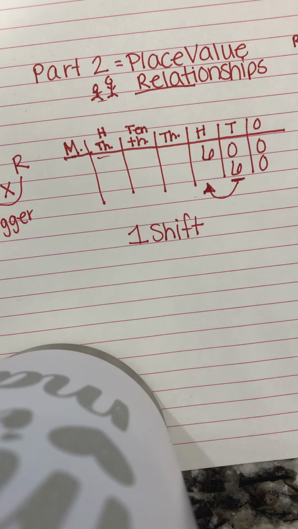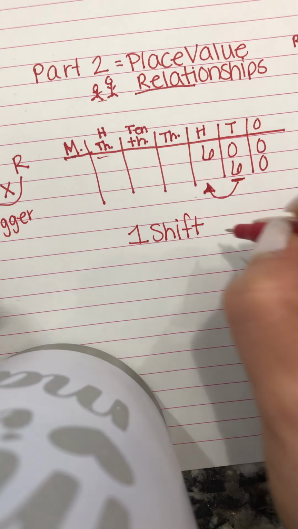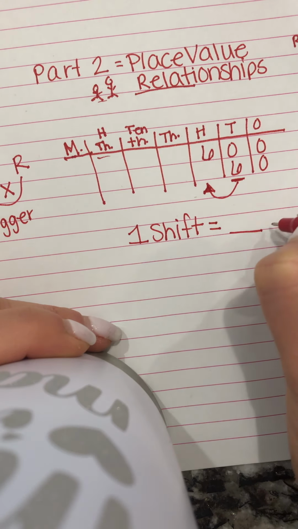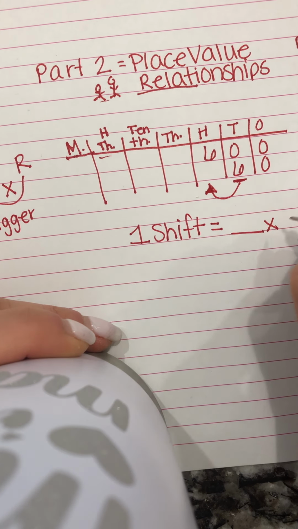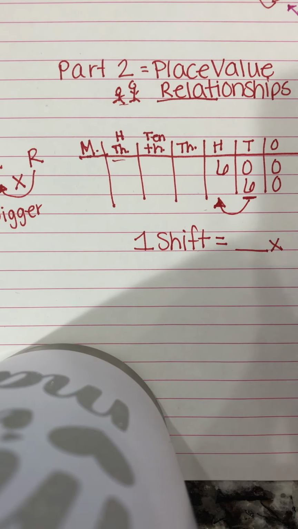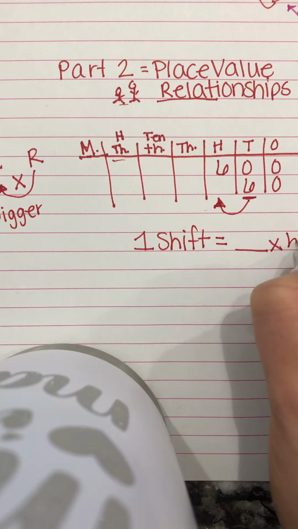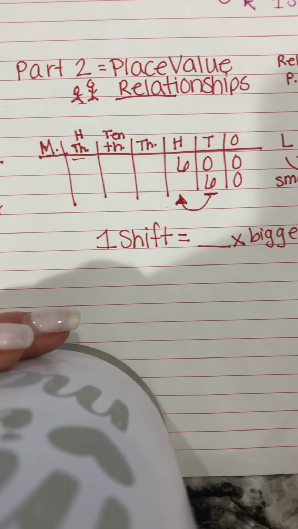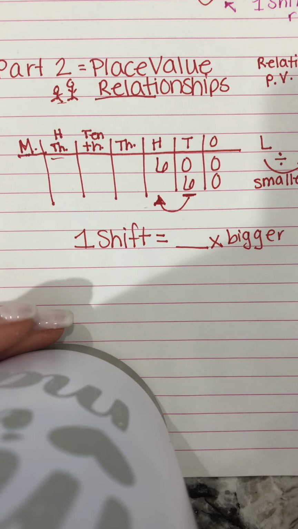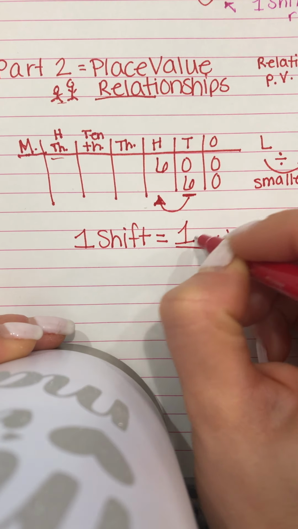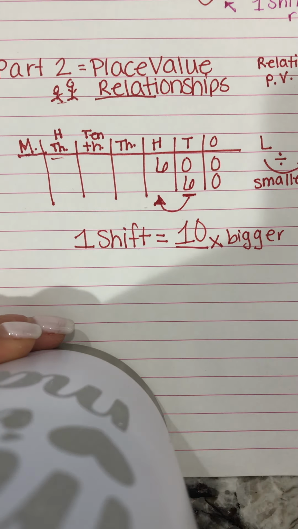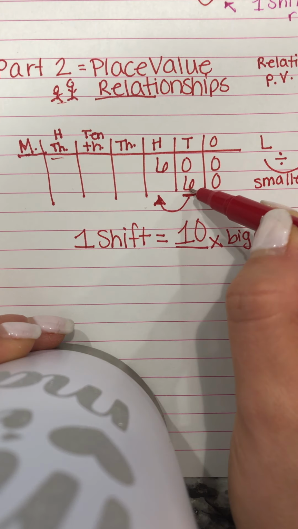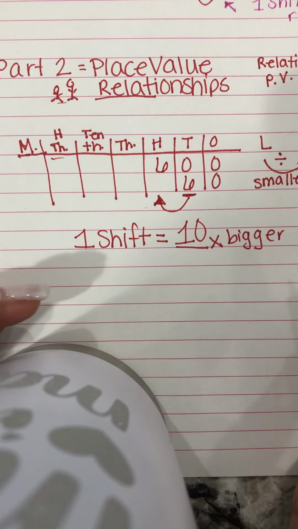Hundreds and tens are next door neighbors. That means whenever we take one shift, our value gets how many times, in this case, bigger? Let's see who remembers from Friday. One shift, 10 times. 600 is 10 times 60.